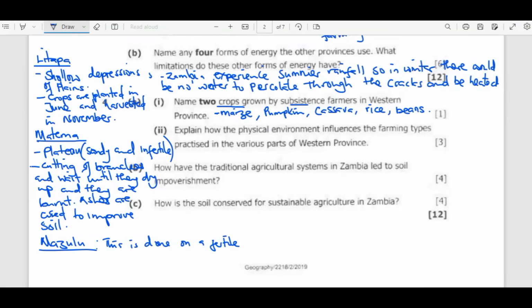Here you'd find that mounds are made, and they are raised above water.